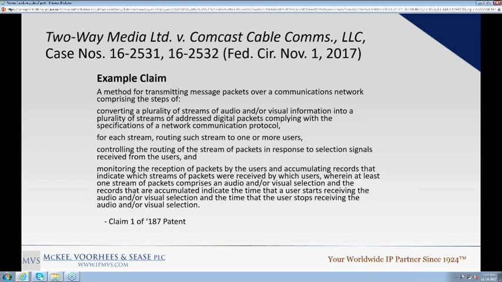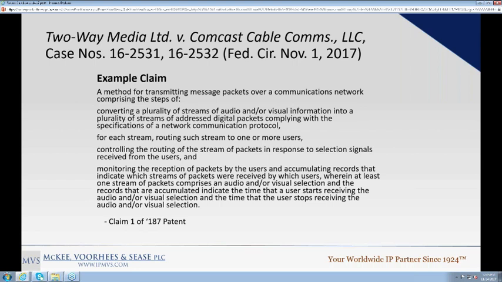So you have a method for transmitting message packets over a communications network comprising these steps. I'm not going to read them all, but you're converting a plurality of streams. For each stream, you're routing the stream to one or more users. You're controlling the routing of the streams in response to signals, and then you're monitoring the reception of packets by the users and accumulating records.